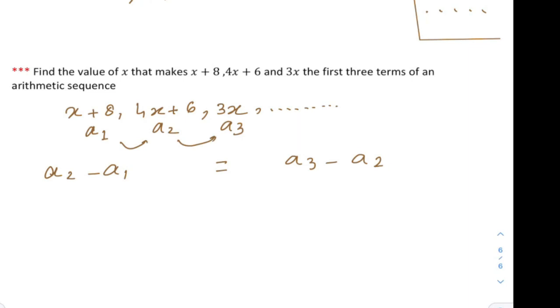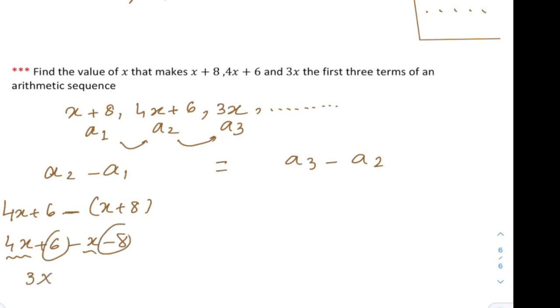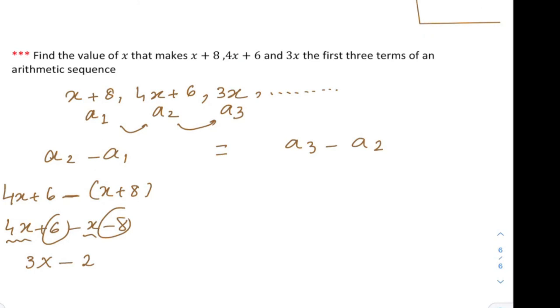Now, a_2 minus a_1 is 4x plus 6 minus x plus 8. And we will simplify: 4x plus 6 minus x minus 8, the minus distributed. 4x minus x is 3x. 6 minus 8 is negative 2. This is number 1. a_3 minus a_2: a_3 is 3x minus a_2, which is 4x plus 6.